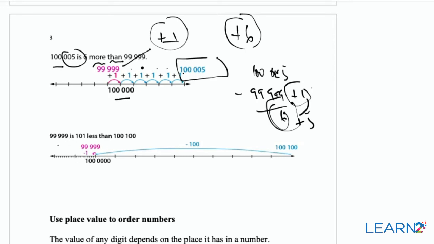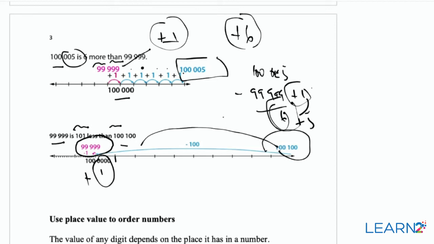Similarly, 99,999 is 101 less than 100,100. Let's look at this. To go from 99,999 to 100,000, it's just 1. We add 1. But to get to 100,100, we've got to add another 100. So 99,999 is 101 units less than 100,100.